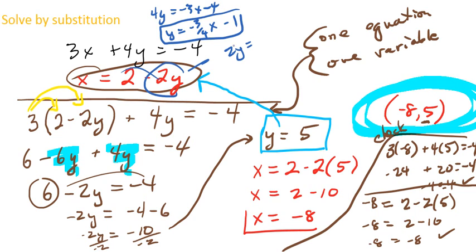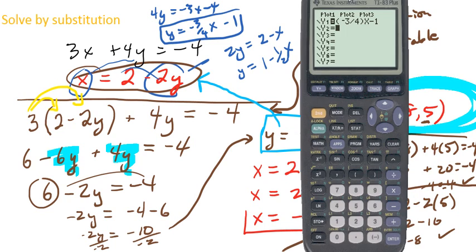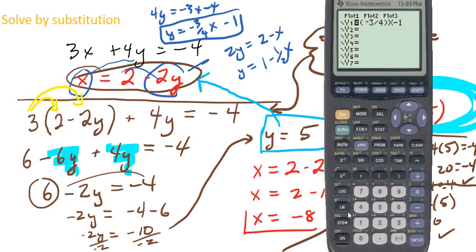That's 2y equals, let's bring this x over to the other side, 2 minus x, y equals 1 minus 1/2x. Plug that into the graphing calculator. So y equals 1 minus, use your brackets, 1 divided by 2 x.